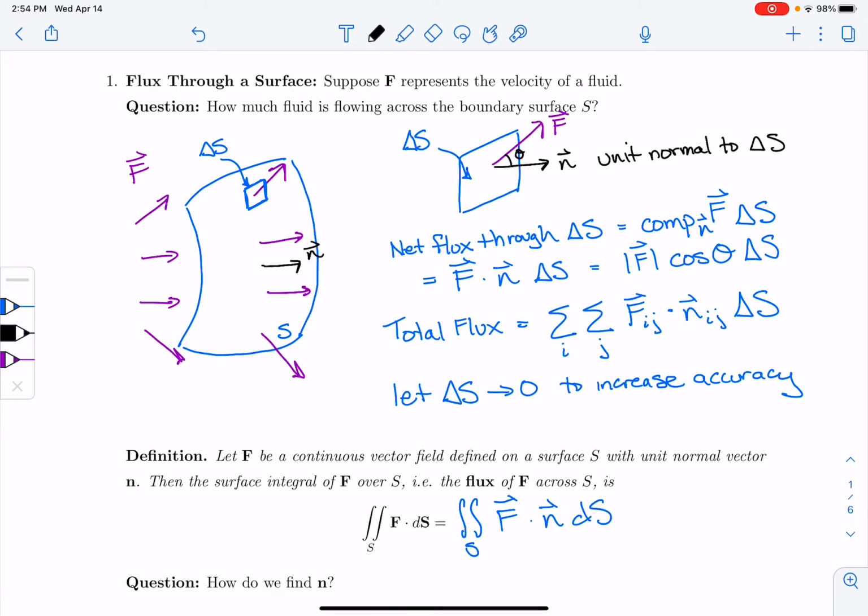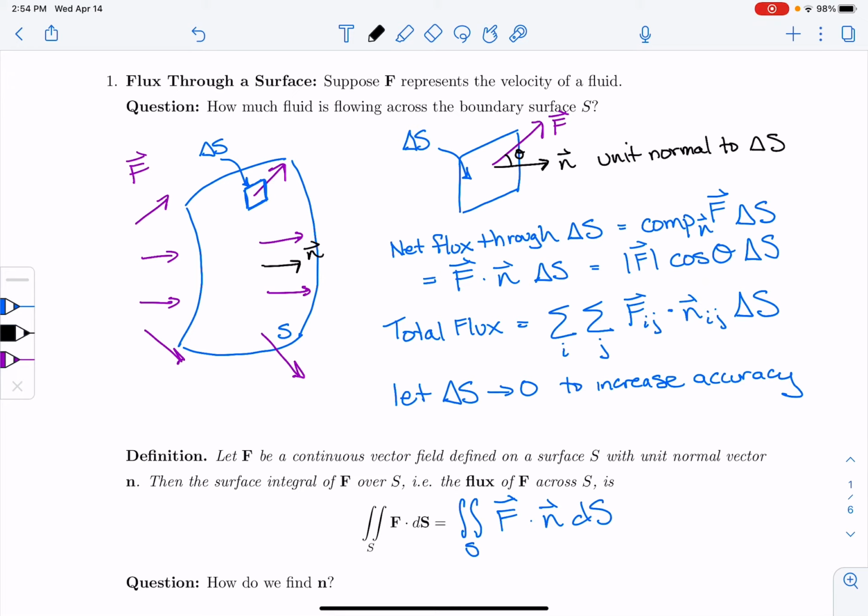And then the surface integral of f over the surface S, or the flux of f across that surface S, is going to be the double integral of f dot ds, which we define as the double integral of f dot n ds. So it's a surface integral like we've done in the previous videos.